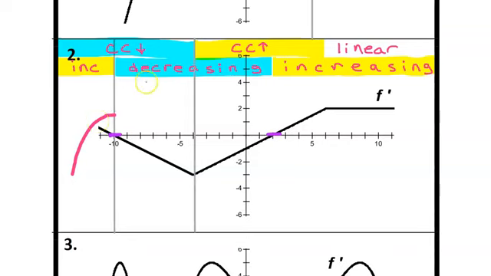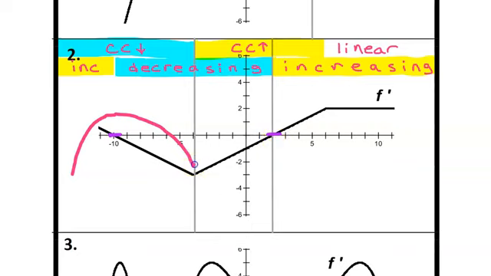In the next interval, f should be decreasing and concave down, with no horizontal tangent line at the end. So here we go. Decreasing, concave down. In the next interval, f should be decreasing, concave up, and end with a horizontal tangent line.